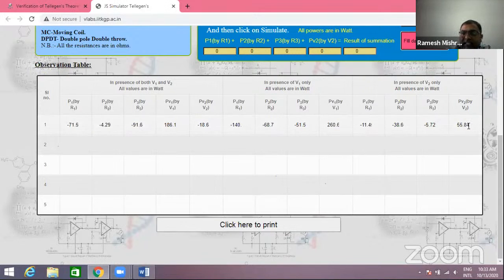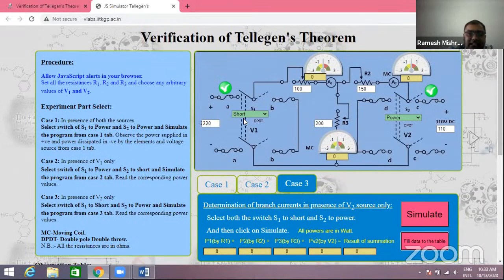So we write each value: the power values with only V1 present, the power values with only V2 present, and the power values with V1 and V2 both present in the circuit. For these three cases we find all these values and satisfy the condition of Tellegen's theorem. So this is the verification of Tellegen's theorem.